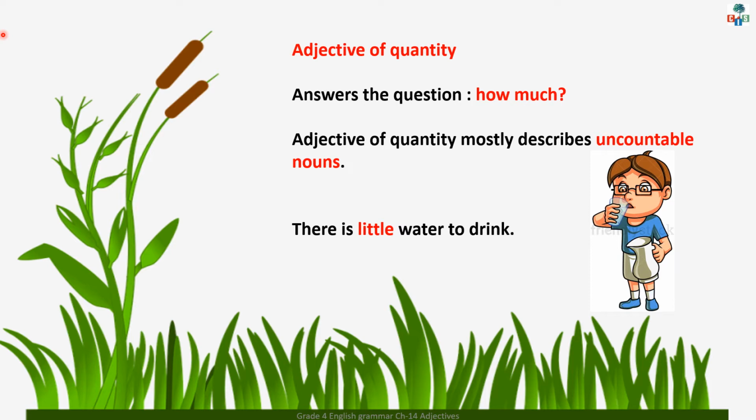Let's talk about adjective of quantity. Adjective of quantity answers the question how much. Adjective of quantity mostly describes uncountable nouns. For example, there is little water to drink. In this sentence, children, water is an uncountable noun and before this noun, the word little is there.